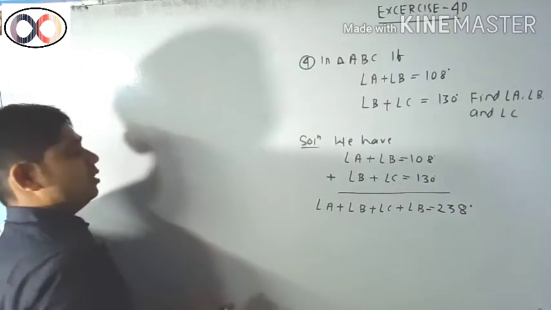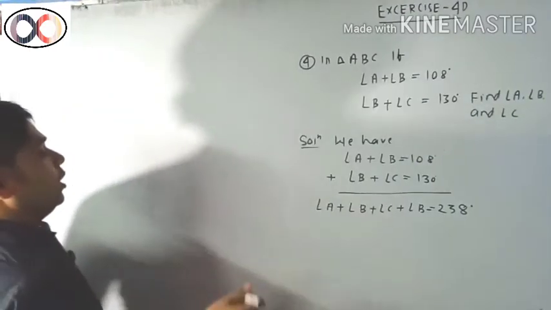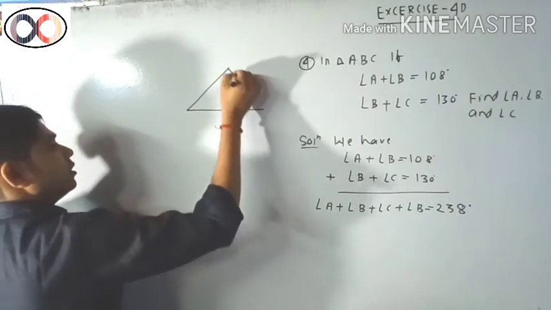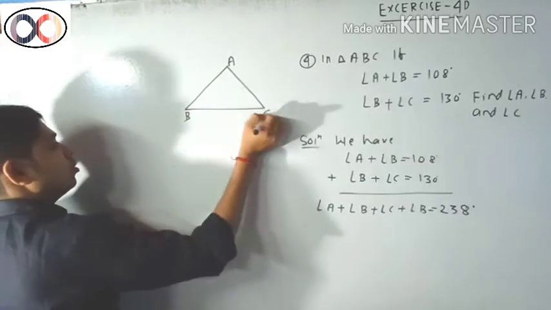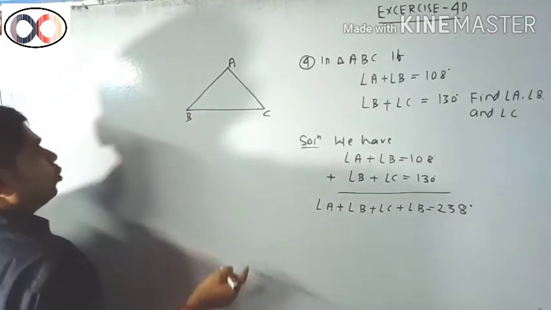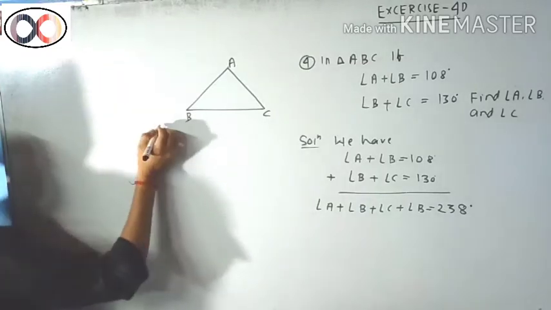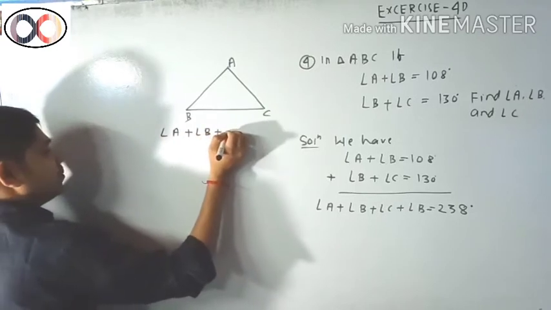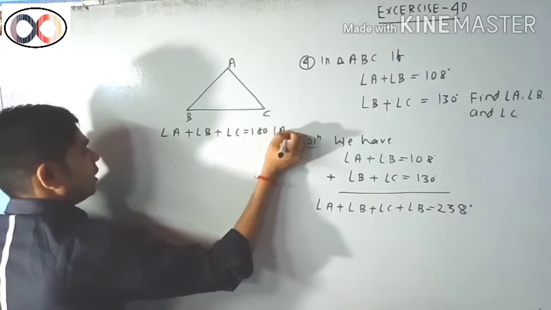We know that the sum of the angles of a triangle is 180 degrees. Suppose this is the triangle. If you add all the angles, you get A plus B plus C equals 180 degrees, due to the angle sum property.